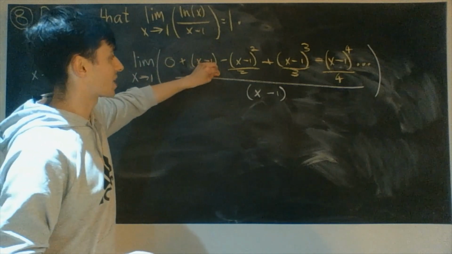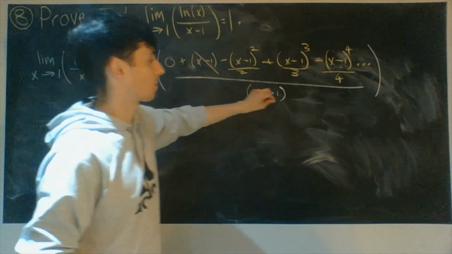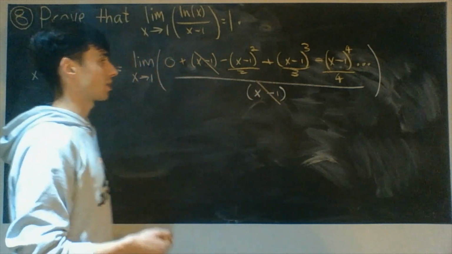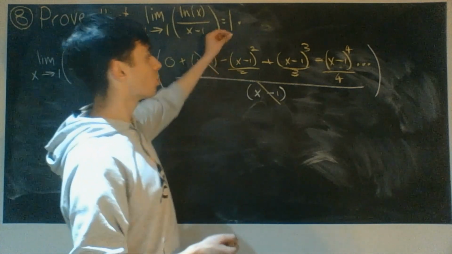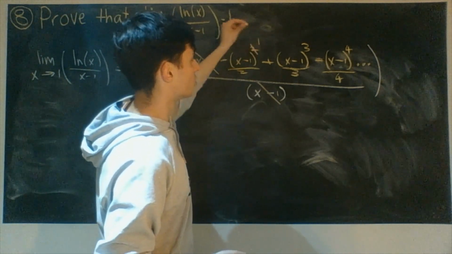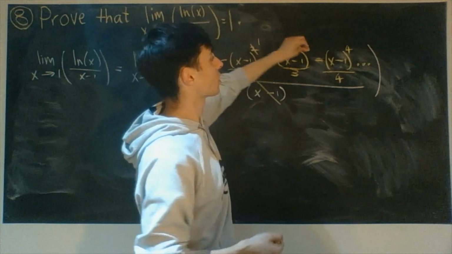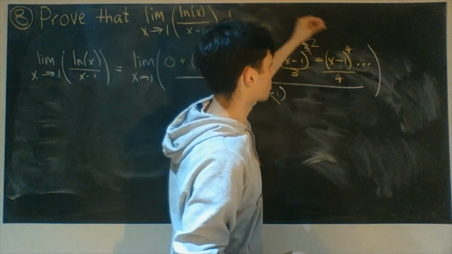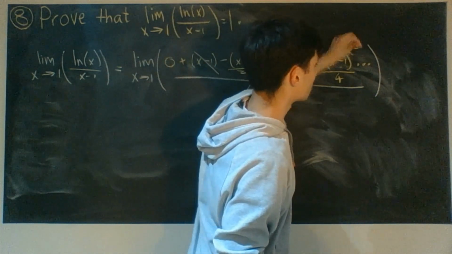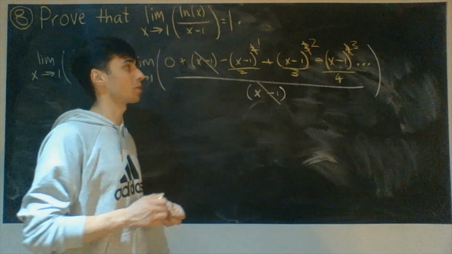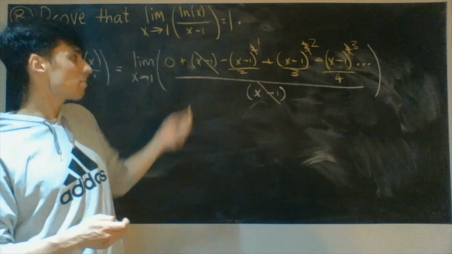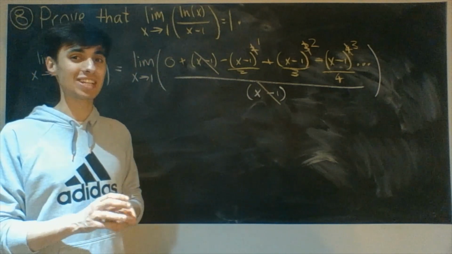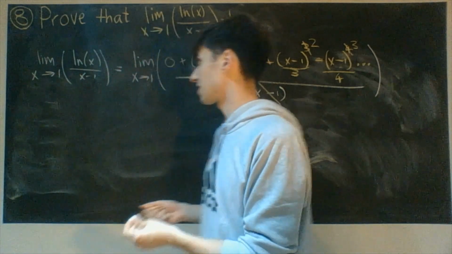Any term with an x minus 1 will cancel with this x minus 1 on the bottom. So all these powers are going to reduce by 1. The 2 will go to 1, the 3 will go to 2, the 4 will go to 3, and so on. Let's write below then what we've actually changed this Taylor series to get.